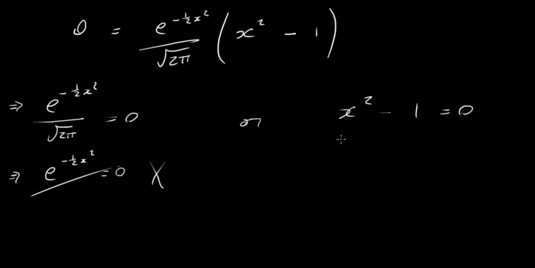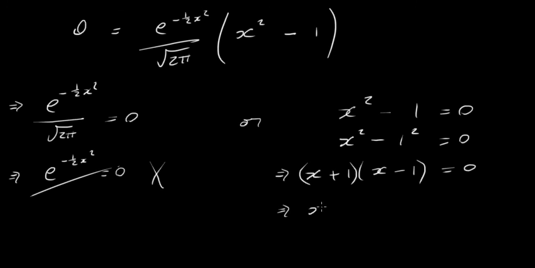Now if you look at this, really here we've got an x squared minus a 1 squared, if you like. That is the difference of two squares, so that will give us x plus 1 times x minus 1 is equal to 0. That will give us x is equal to minus 1 or x is equal to plus 1. So we can see that we did get an x is equal to minus 1, which is the x coordinate of B. There does happen to be a point of inflection on the other side as well.